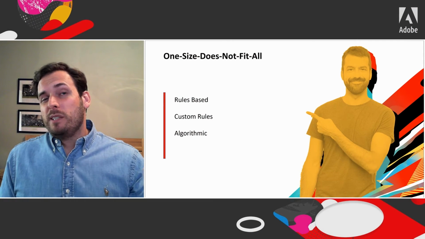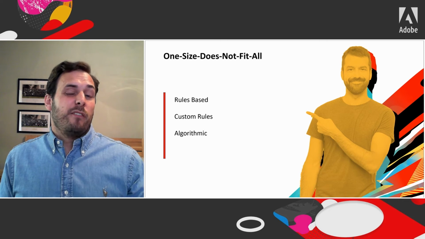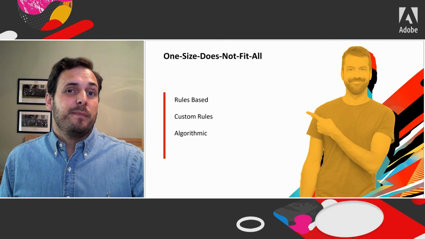So that's where a custom model would come in, and then we have algorithmic models where it's suited more for customers who have a multitude of different purchase life cycles, and the AI really does the thinking. So yeah, in summary, AEP offers 3 types: rules-based, custom rules, and algorithmic models. And choosing which one is determined by the business model and the resources that the customer has.